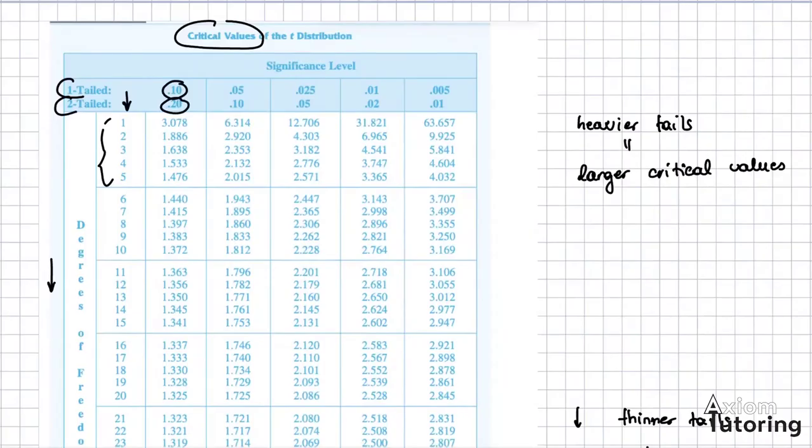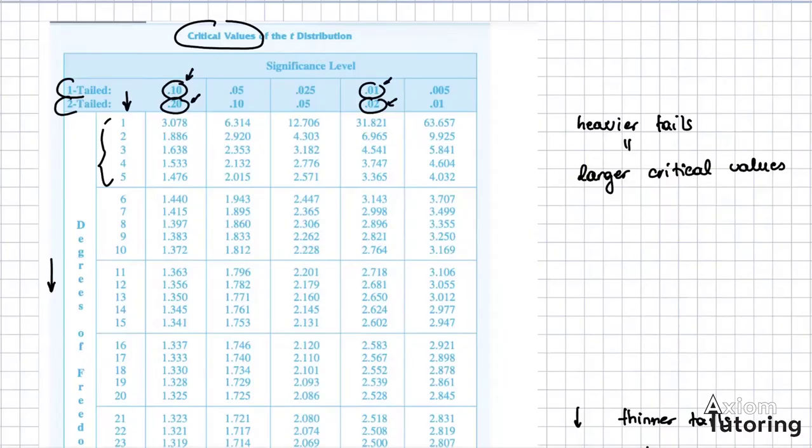Which means that if you have a one-tailed 10%, that would have been equivalent to a two-tailed 20%. Or if you had a 2% on a two-tailed, that would have been equivalent to a 1% in one tail.